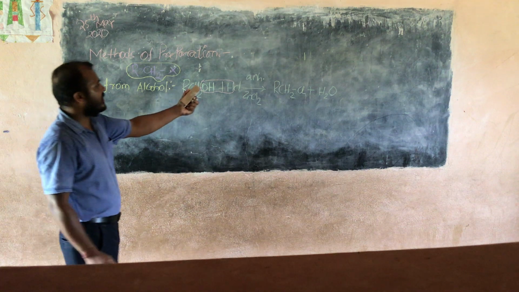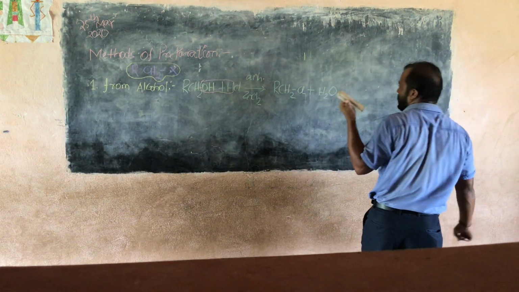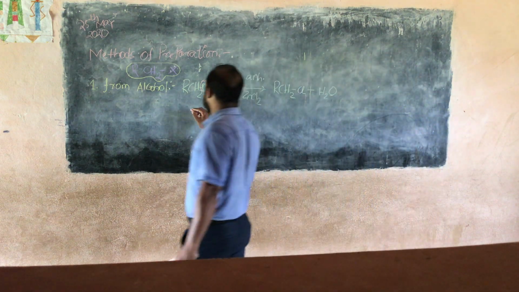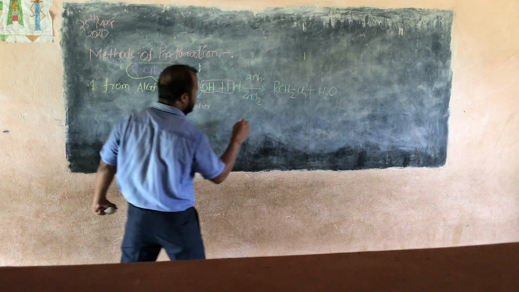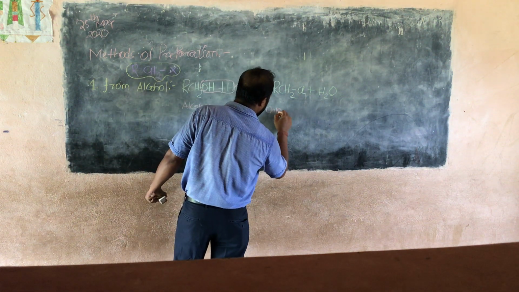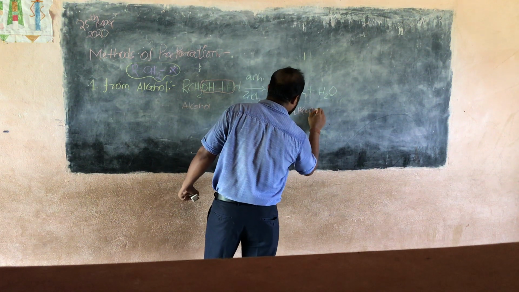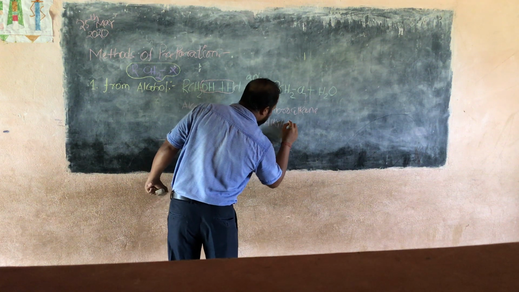So when alcohol RCH2OH is treated with HCl in presence of anhydrous zinc chloride, it gives chloroalkanes. This is alcohol, and this is chloroalkane, or you can call it alkyl chloride.